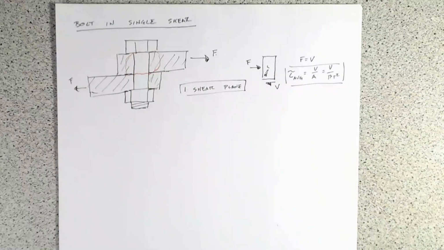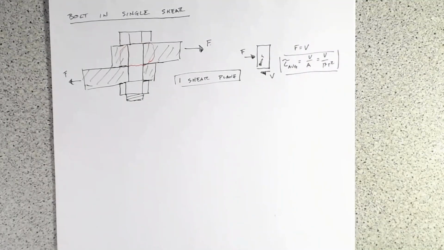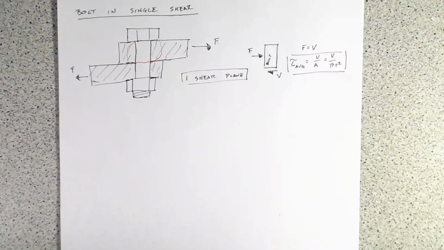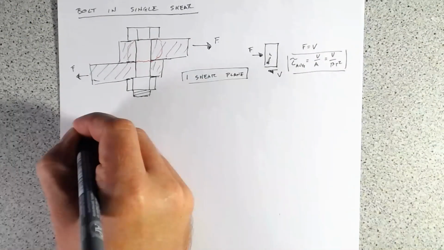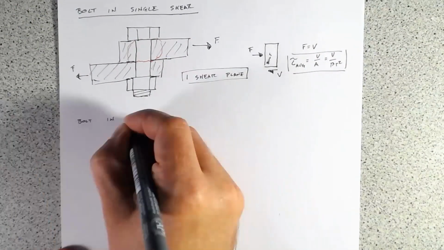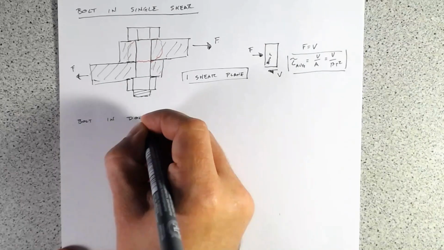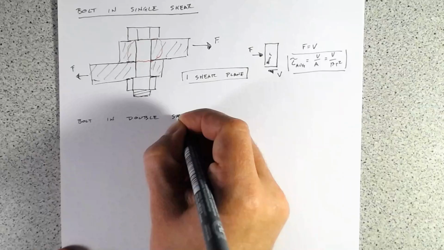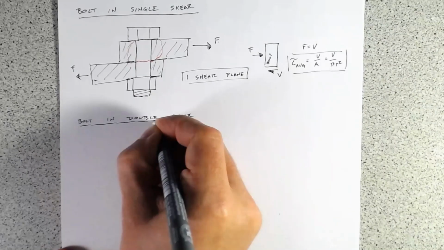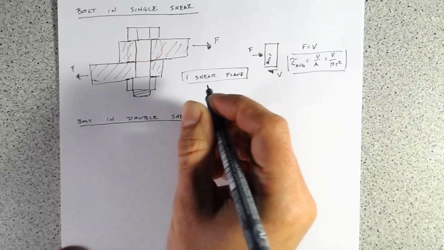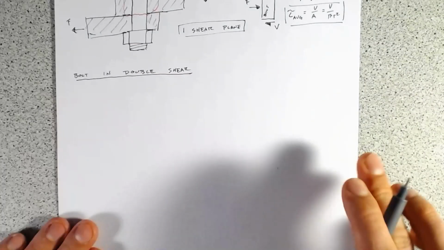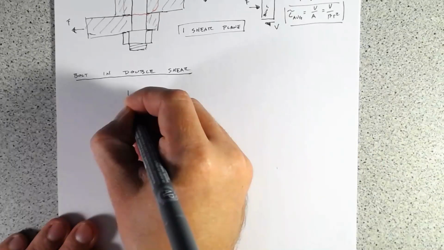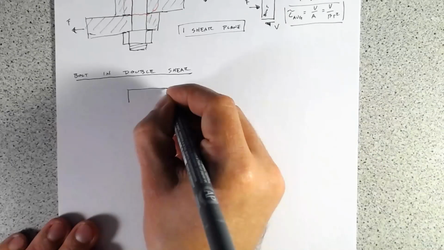All right, so the other very common case for bolts is double shear. So if you've got a bolt in double shear, if we had one shear plane for single shear, you can bet that we've got two for double shear. And that means that we have really three plates acting on it.